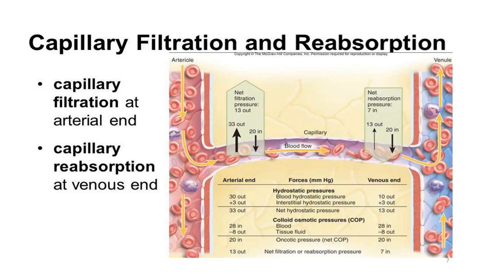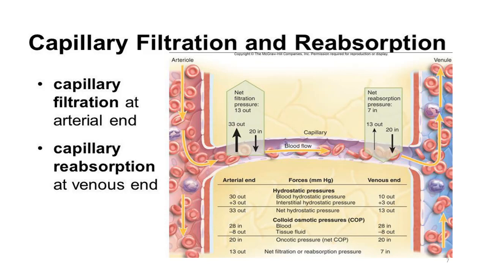It means that the interstitial fluid, at 3 millimeter mercury, wants to suck the blood. Imagine that the 3 millimeter mercury is negative for the interstitial fluid, and finally the summation of these two pressures is 33 millimeter mercury out of the capillary, into the interstitial fluid. Because of the negative pressure of interstitial fluid at the arterial end, we have 3 millimeter mercury added out of the capillary.